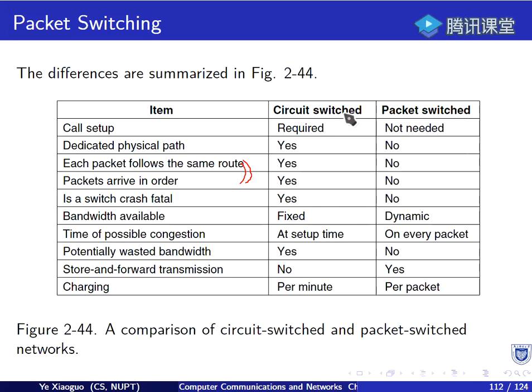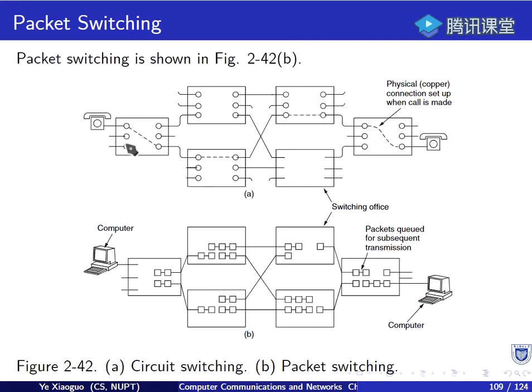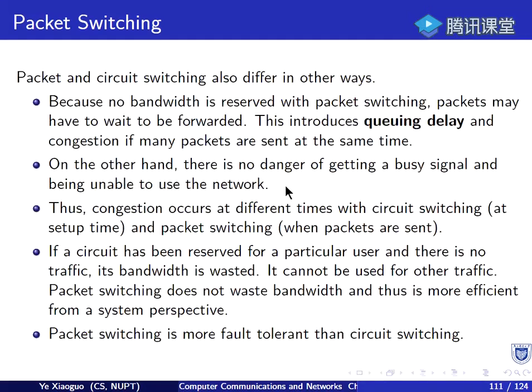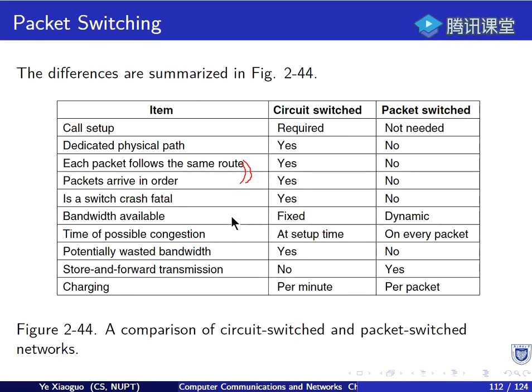For circuit switching, when there is a dedicated path between these two ends, then it looks like there is a physical channel or physical cable between these ends. So there's no need for store and forward.